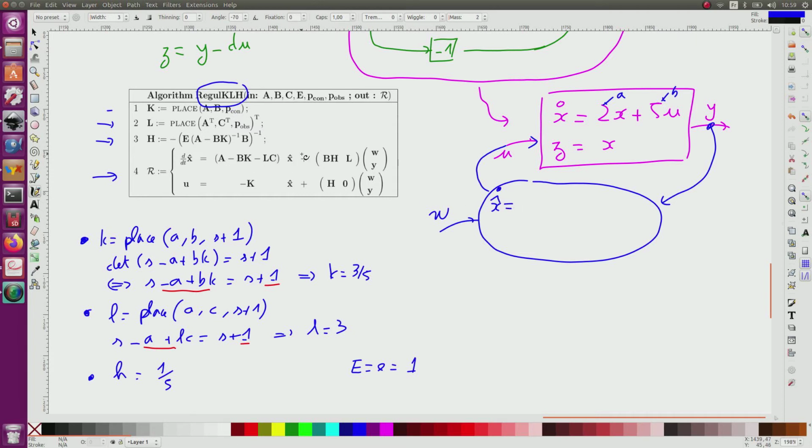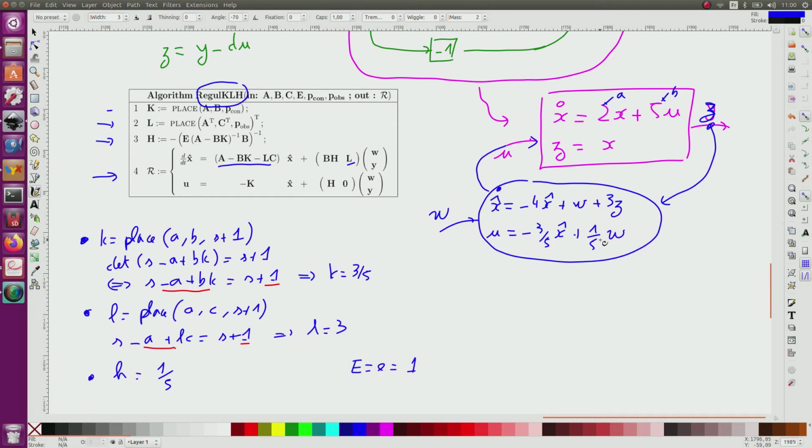So I compute this, and I will obtain minus 4 x hat, it corresponds to this, plus w plus 3, this 3, but y corresponds to the output, and the output is not y, sorry, here it is z, so plus 3z, and for the second line I will have u equal minus K x hat, so it is minus 3 divided by 5 x hat, plus, so here it is 0, and I have H here, 1 divided by 5 w.